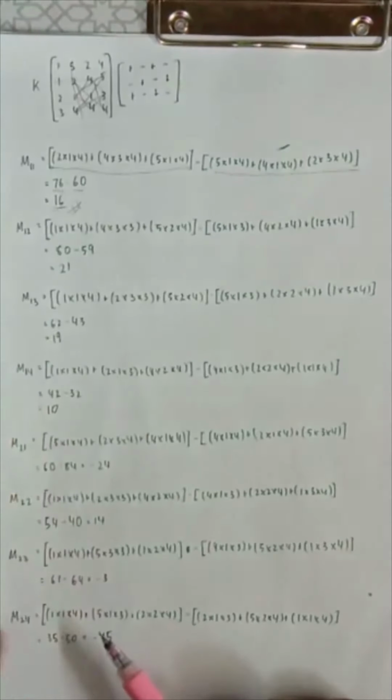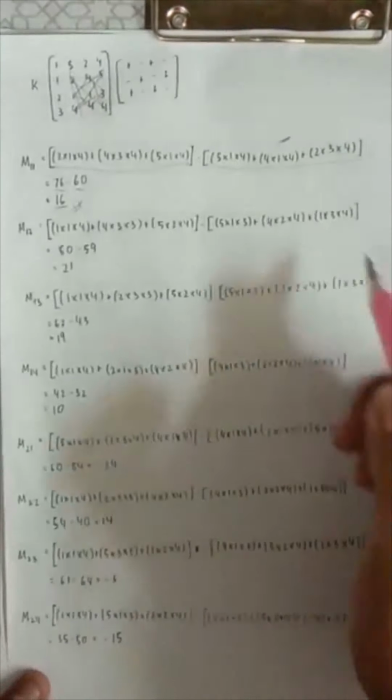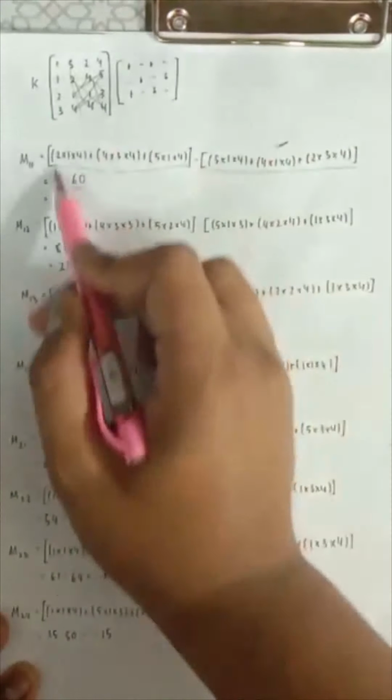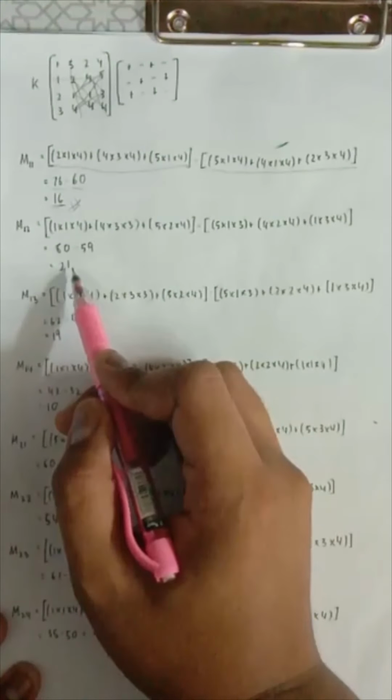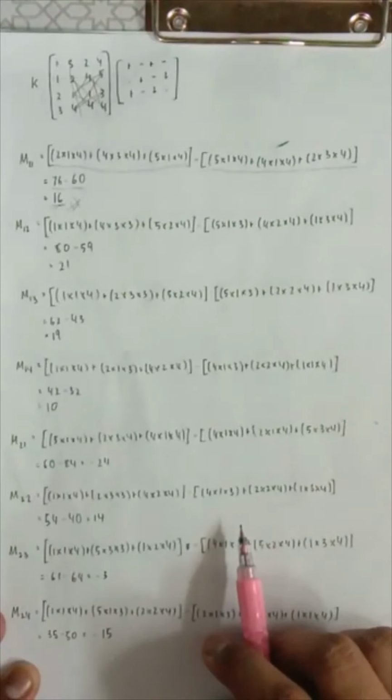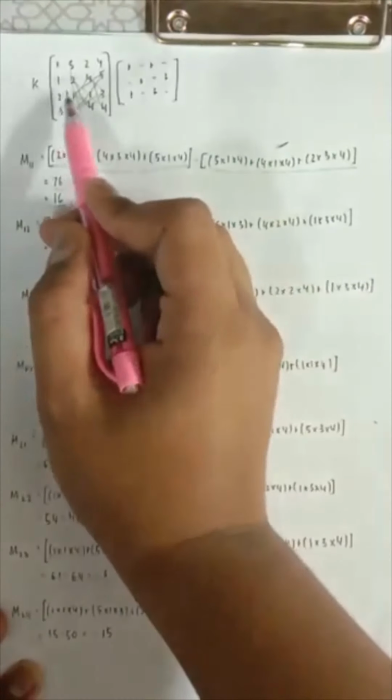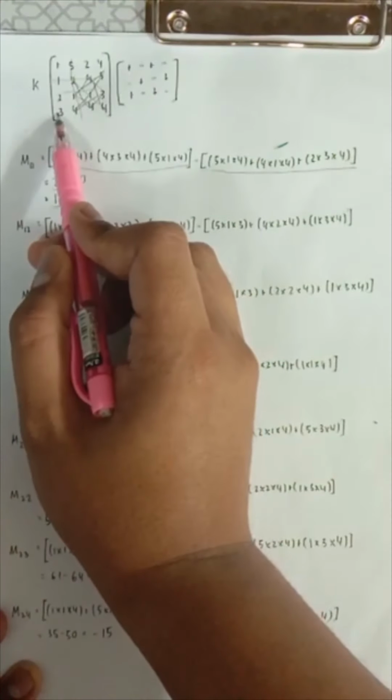Then we use the same method, just what I have mentioned before for the first row and first column. We got 21. After that, we find for row 3 and row 4, also with the same method.